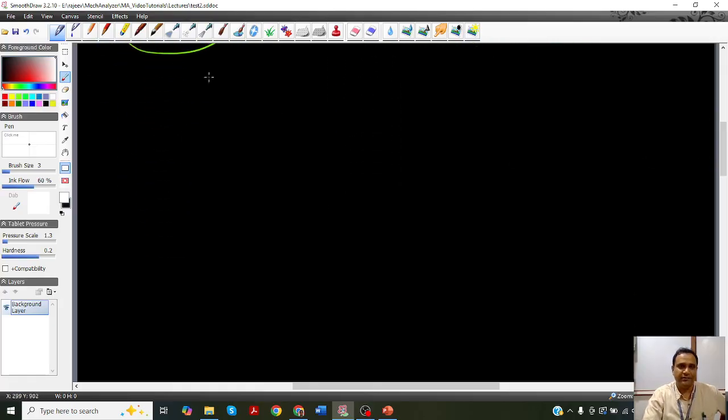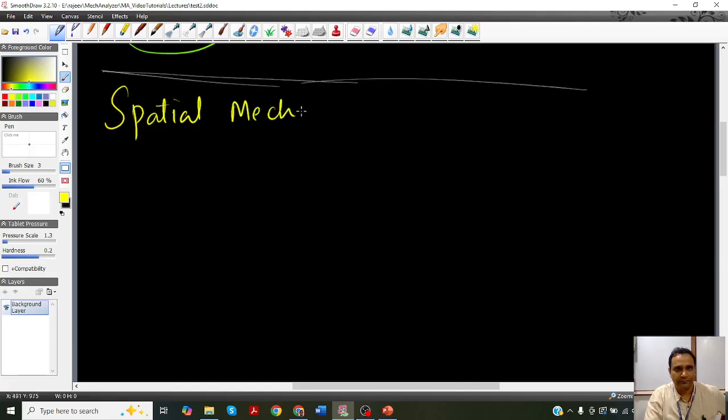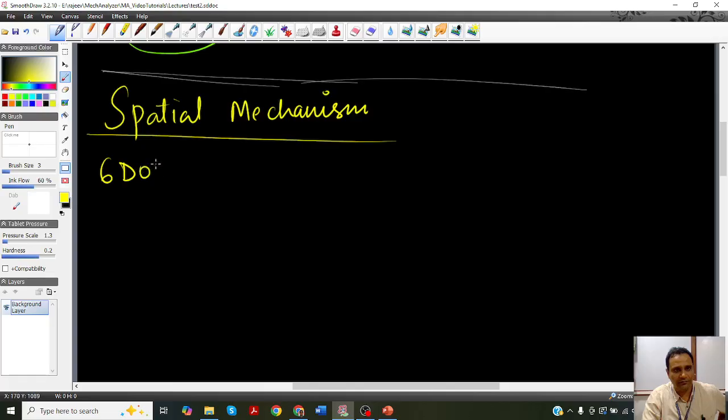Okay, now let's take an example of some spatial mechanism. Very rarely do we use spatial mechanisms in undergraduate courses, but it is good to know them. One of the common mechanisms is something known as the 6 DOF Stewart platform.